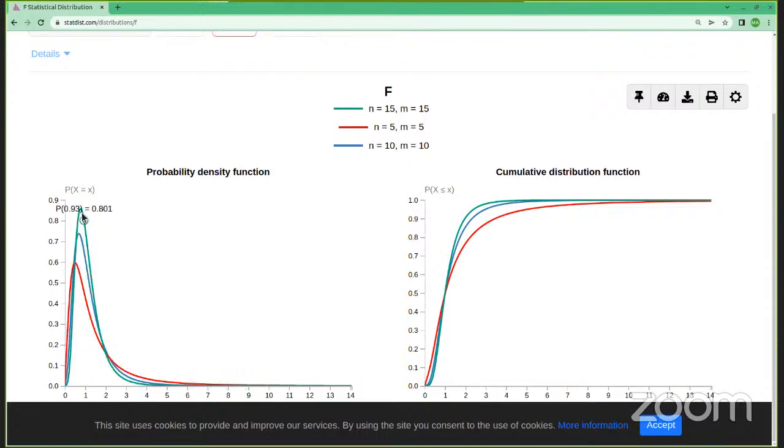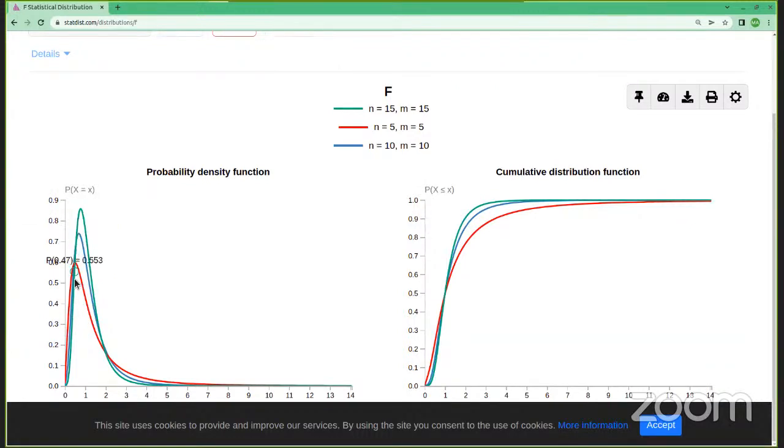And this green curve is representing F(15, 15). And this particular red curve is representing F(5, 5). So if your degrees of freedom is less in both the cases, then the curve will be very much right tilted, right skewed.